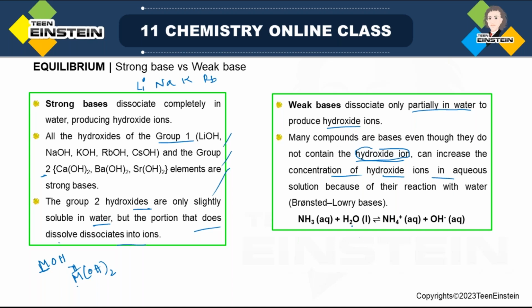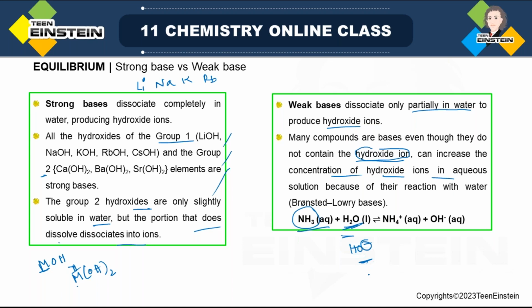Here also we can see the same thing. Ammonia is a Bronsted-Lowry base, because when you take it in water as solvent, ammonia can capture the H atom in the form of H+. As a result, when one H is taken from H2O, the remaining part will be HO-. So in this way, indirectly it is producing HO-, right?